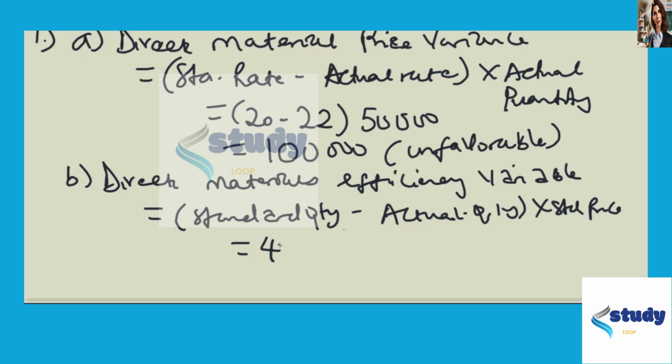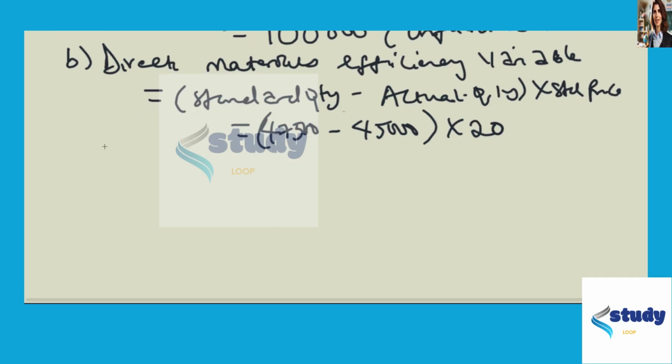And this is equal to 47,500 from the question minus 45,000 multiplied by 20. So the direct material efficiency variance will be equal to 50,000, and this is favorable. It's in the positive.